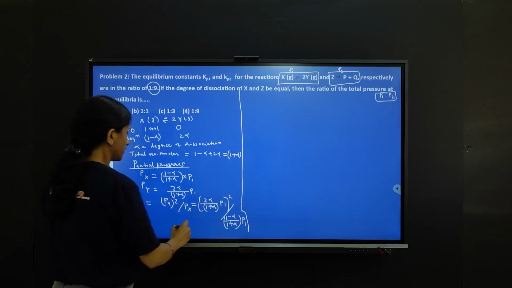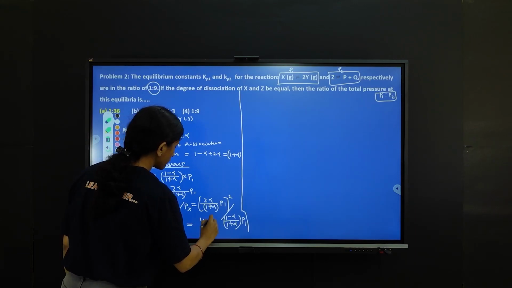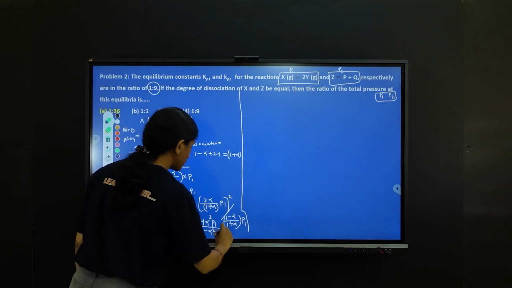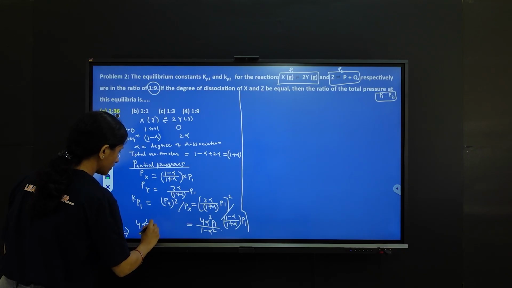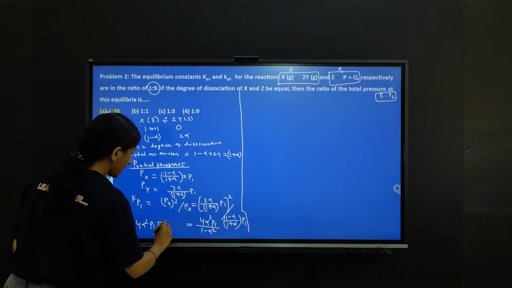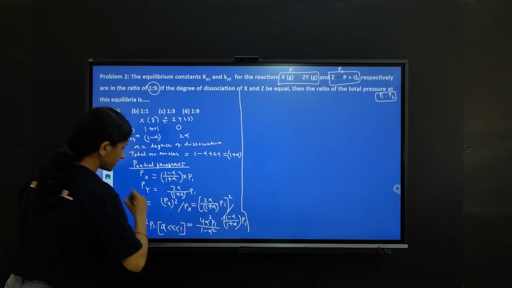Now if you solve and simplify, you will get 4 alpha square P1 divided by 1 minus alpha square, and it can also be written as 4 alpha square P1, because alpha is much less than 1 in this case.